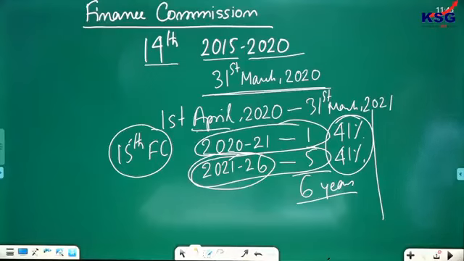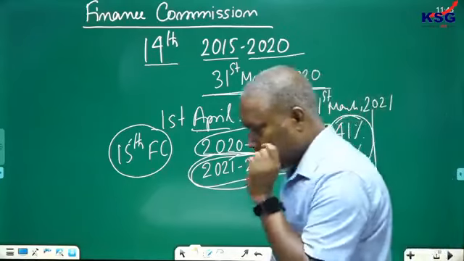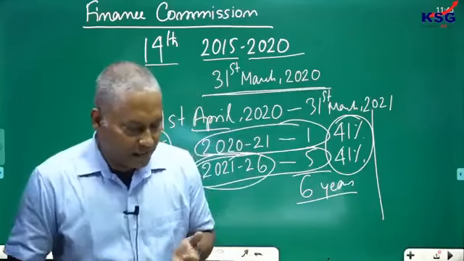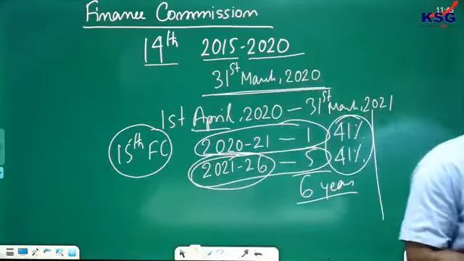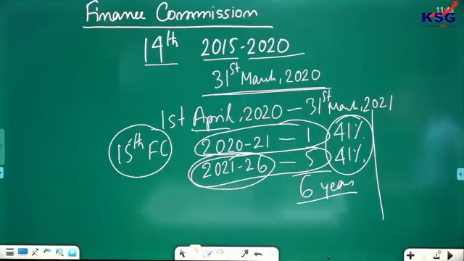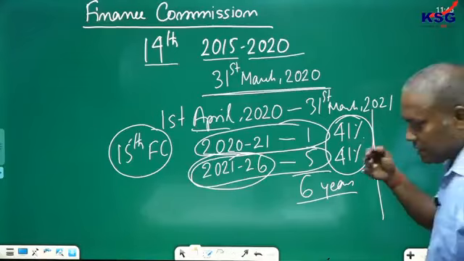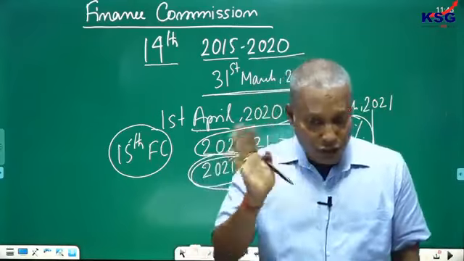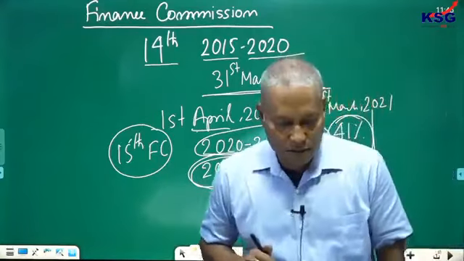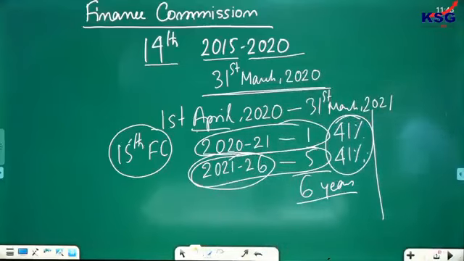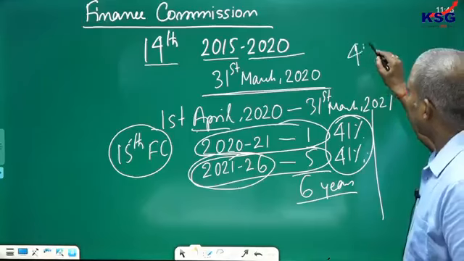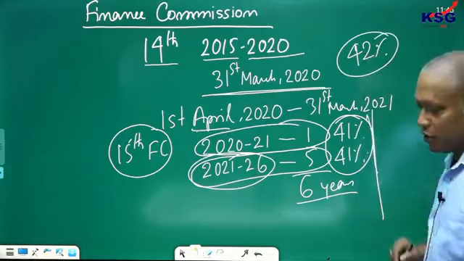Right. This 41% share of the states is less by 1% than the recommendation of the 14th Finance Commission, because the 14th Finance Commission recommended 42% but the 15th recommended 41%.